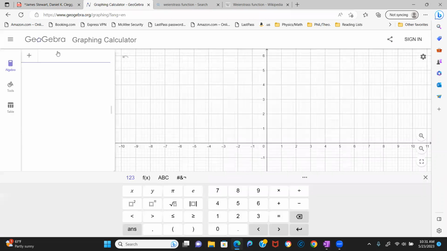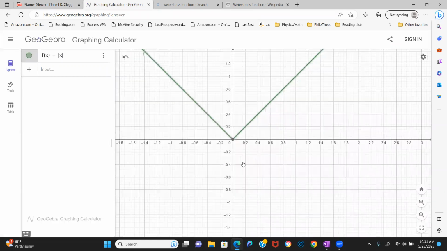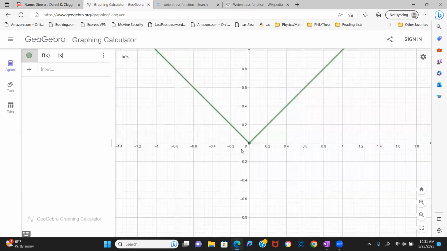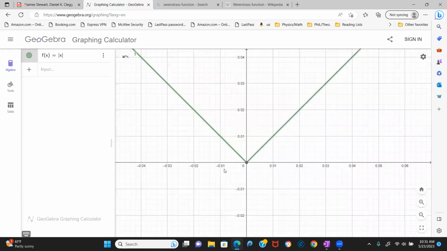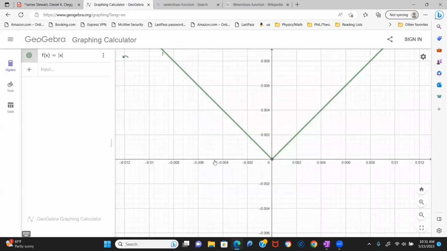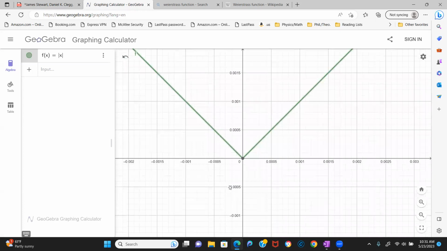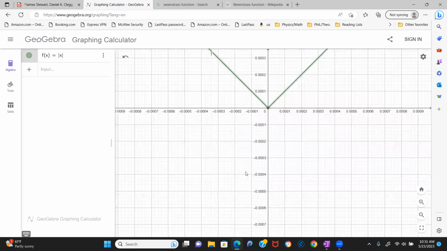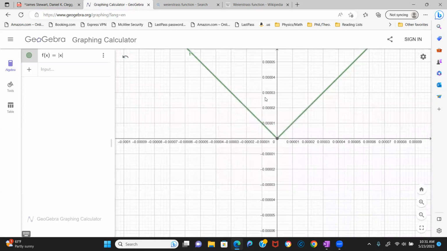So if you plot this, no matter how much you zoom in on zero, the kink never goes away. In fact, if you keep zooming, it just looks like the absolute value. No matter how close you get to zero, it still looks like the absolute value function. That kink never vanishes. It never smoothens out in the process of zooming in.